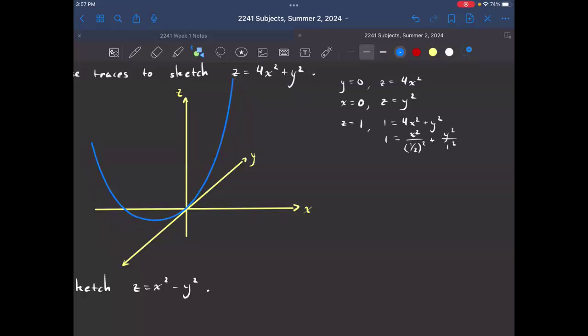So that's our y parabola. And then the x parabola should be a little bit steeper than that because it's got a 4x right there. So this turns into something a little bit more like that. Make it sort of steep. And then on the other side as well, we have a parabola. Something sort of like this.